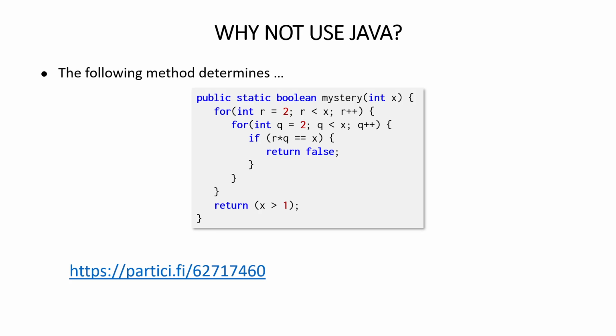Okay, why not use Java? That shouldn't be ambiguous, right? Because there's some compiler that does exactly what we write down, hopefully. So what does this one do?